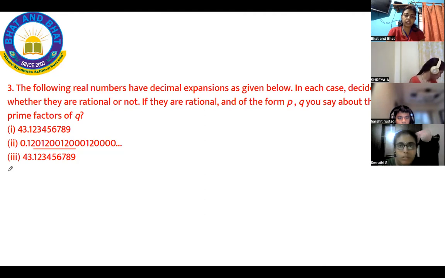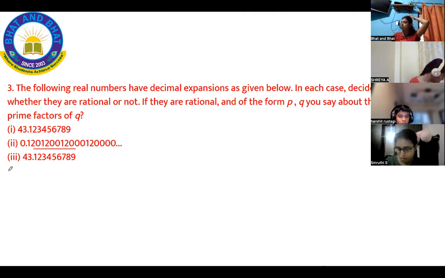So here you will write the decimal expansion is non-terminating, non-recurring. Therefore, the given number is, which type of number is it now? Irrational.